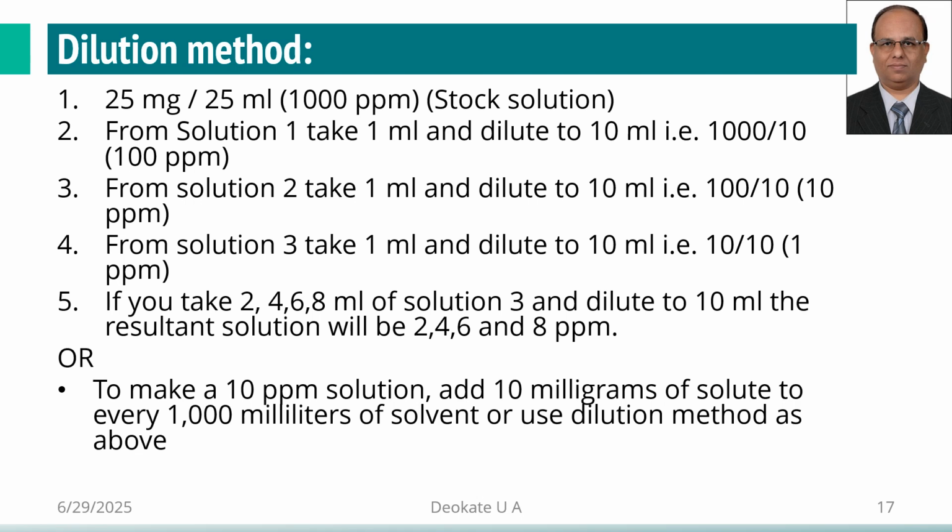Instead of using 1, 2, 4, 6, 8, 10 ppm, you can use 0.1, 0.2, 0.4, 0.6, 0.8 ppm. And if the absorbance is very small, then you can increase the concentration. That is, instead of using 2, 4, 6, 8, you can use 5, 10, 15, 20, 25 ppm solutions, or 10, 20, 30, 40 ppm solutions. That depends upon your sample concentration.